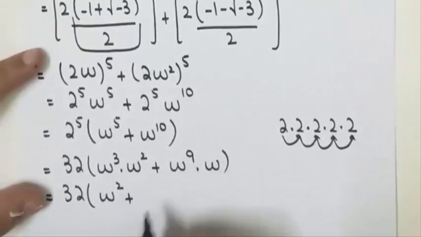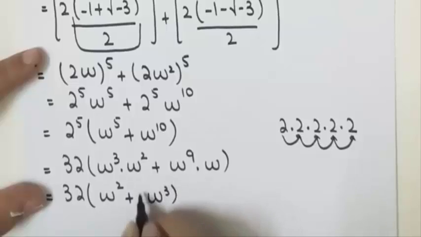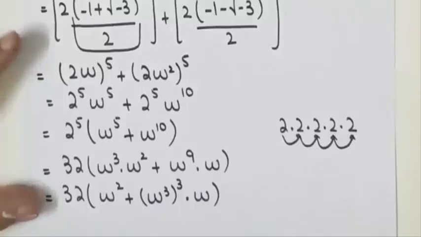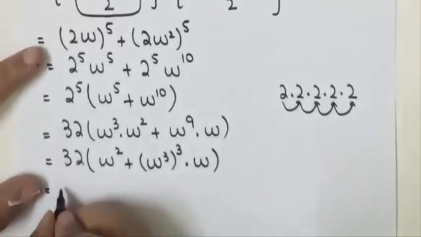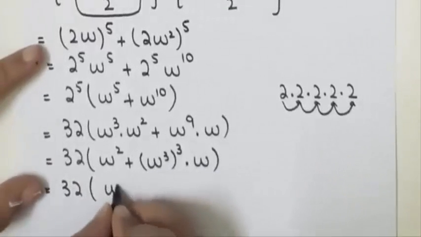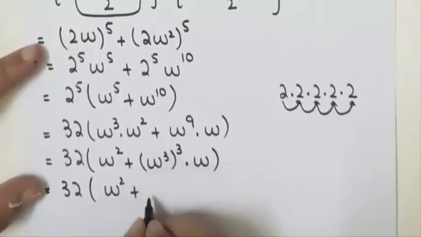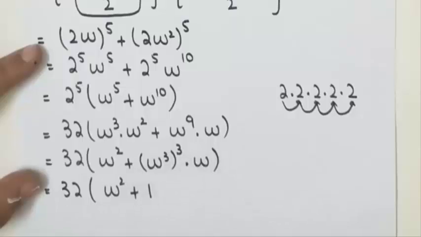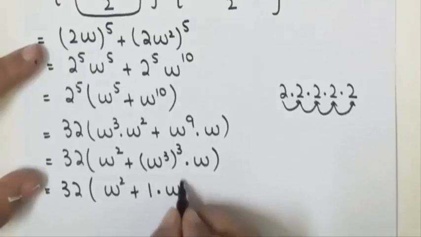plus omega 9. We can write it as omega cube dot omega. So 32 into omega square plus omega cube is equal to 1, and the cube of 1 is 1, into omega.